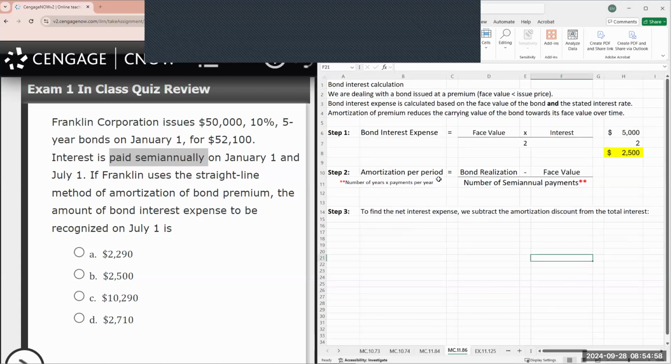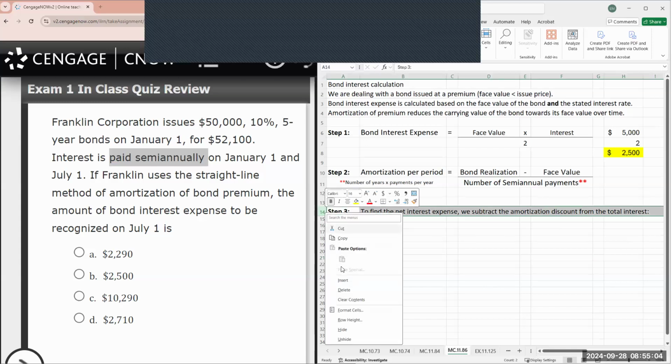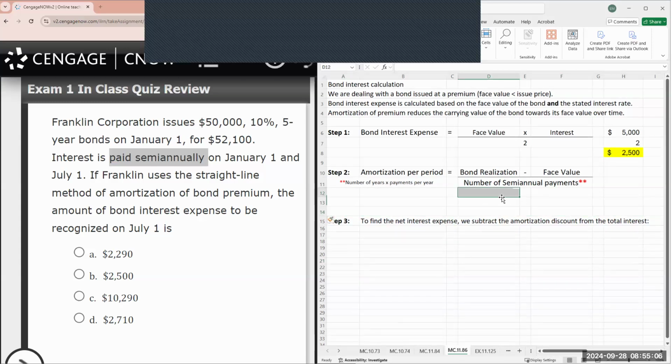Next, we have the amortization per period. In order for us to determine the amortization per period, it is the bond realization minus the face value, divided by the number of semi-annual payments. So the bond realization, which is the carrying value of the bond, 52,100, minus the face value of 50,000.